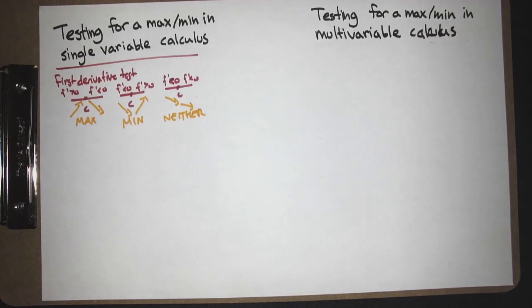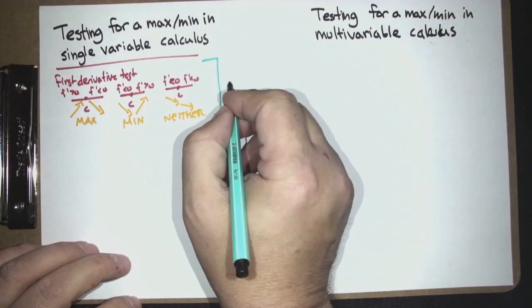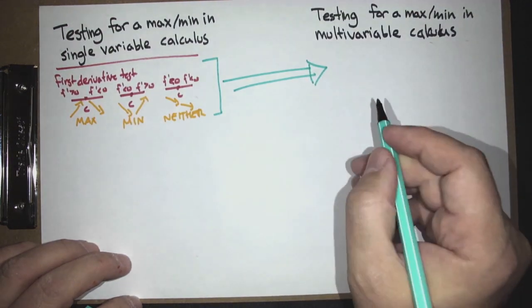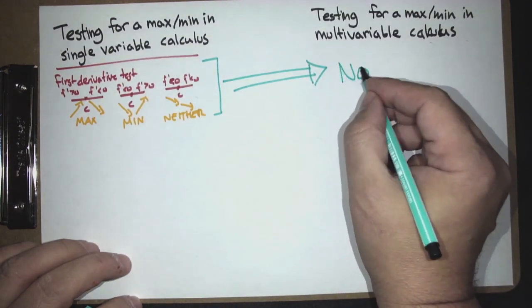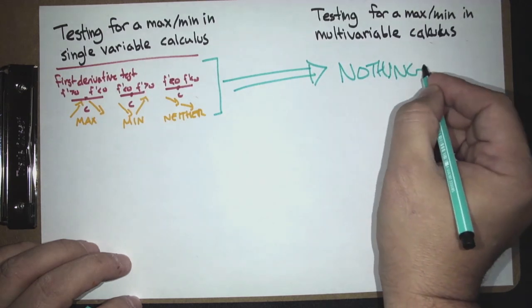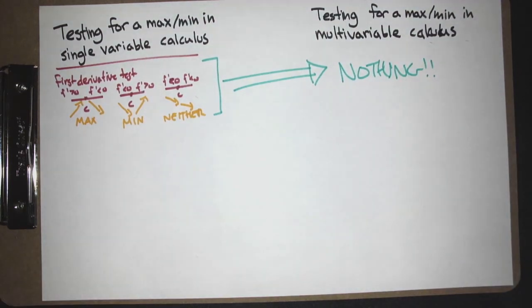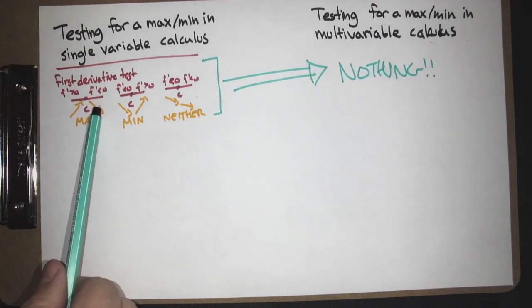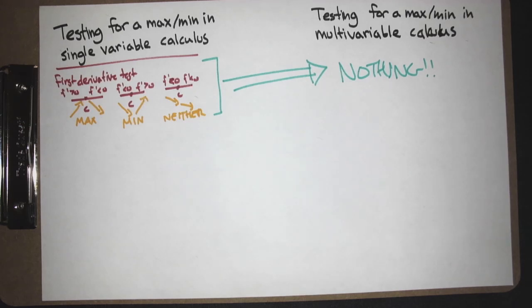So what happens for multivariable calculus? What does this become? This becomes nothing. There's a problem. If you're in single variable calculus, how many directions can you be approaching from? 2. If you're in multivariable calculus, how many directions can you be approaching from? Infinitely many.